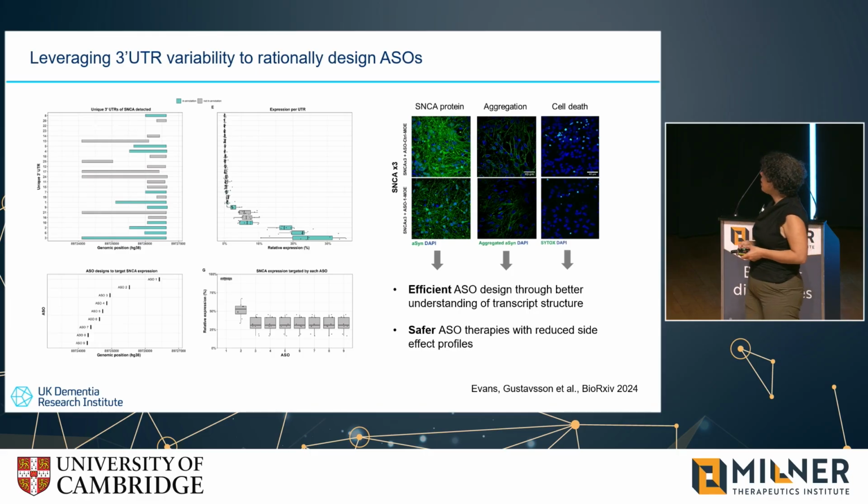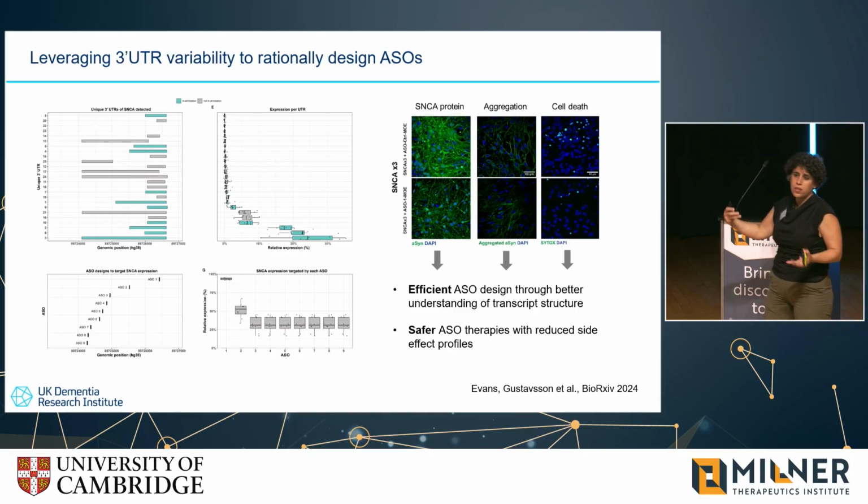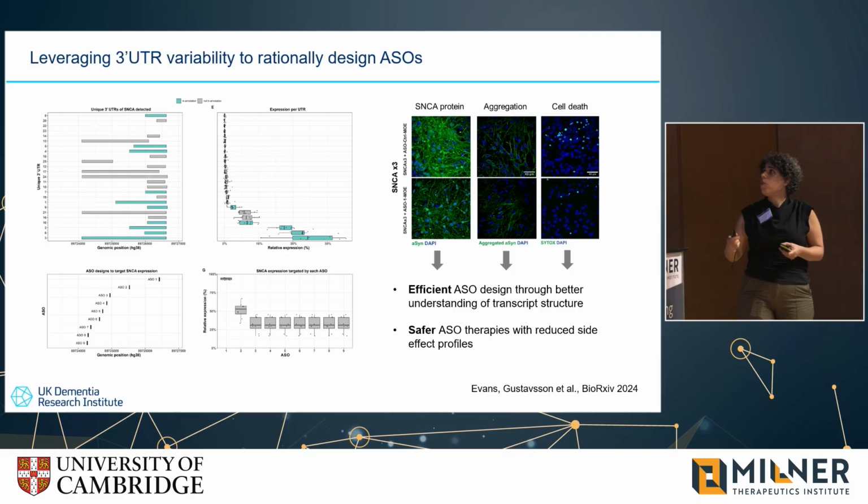If we apply that ASO to dopaminergic neurons that carry the triplication and compare it to scrambled ASO, we can see that we do indeed lower synuclein protein. This reduces synuclein aggregation, shown in the second column of data, and this reduces neuronal death.